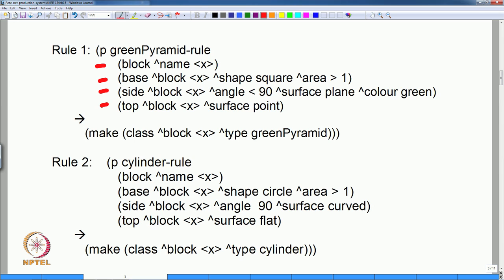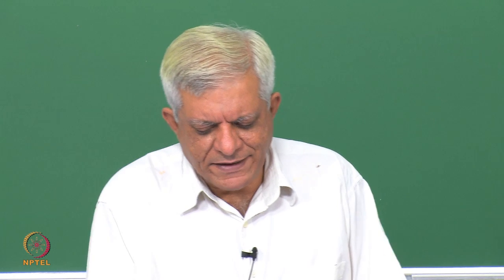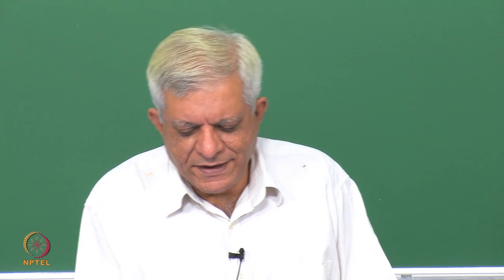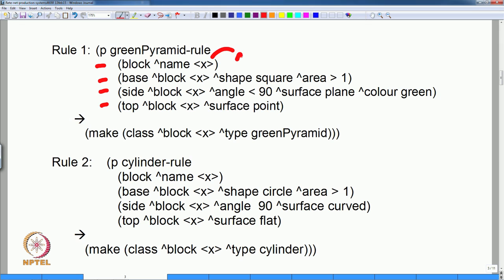This is the antecedent of the rule essentially, and each of these patterns is describing some working memory element which starts with a class name. So, we have class names like block and base and side and top, and then the attributes and the values. Remember that the thing with the hat is the attribute name, and following that is the value essentially, and remember that something like this is a variable.